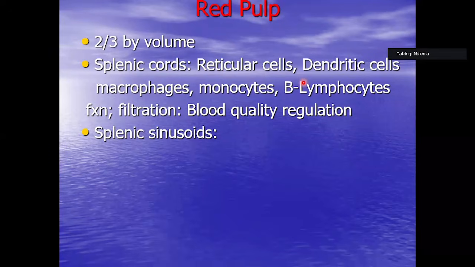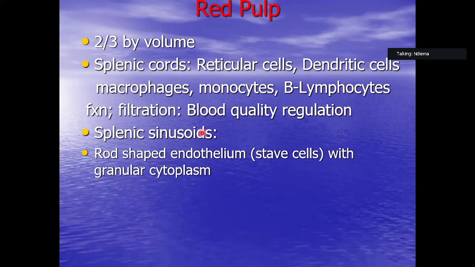Then we have the splenic sinusoids. The splenic sinusoids comprise large channels of blood vessels that are lined by stave cells, which we talked about. These stave cells are rod-shaped cells, unlike the typical squamous cells of the endothelium. These rod-shaped cells have gaps in between them that allow migration of cells.